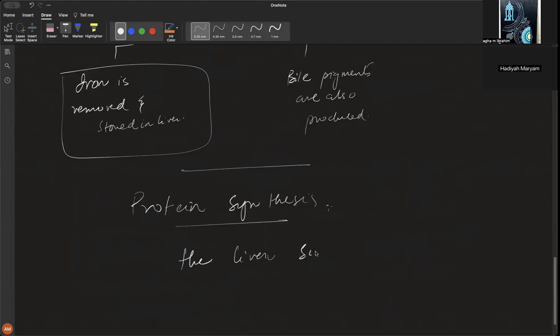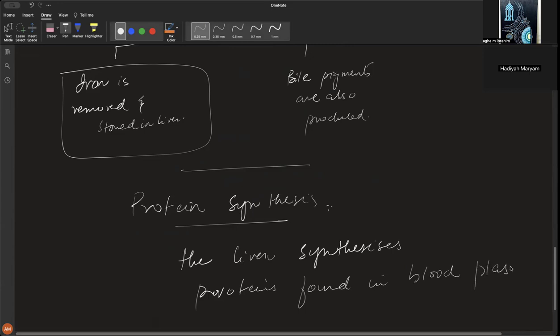The liver synthesizes proteins found in blood plasma. All right.